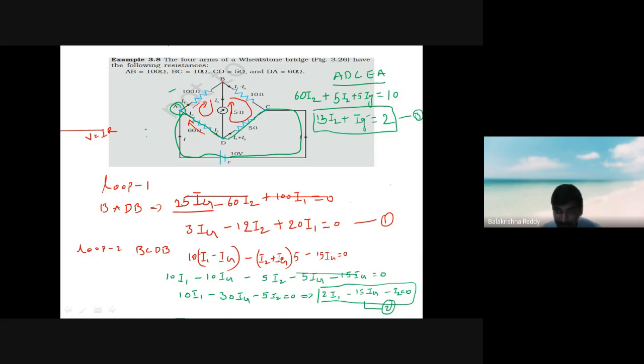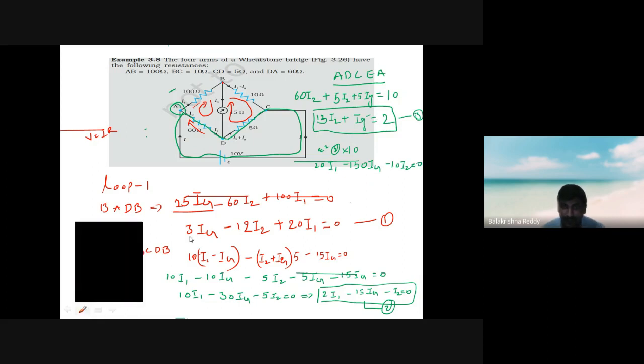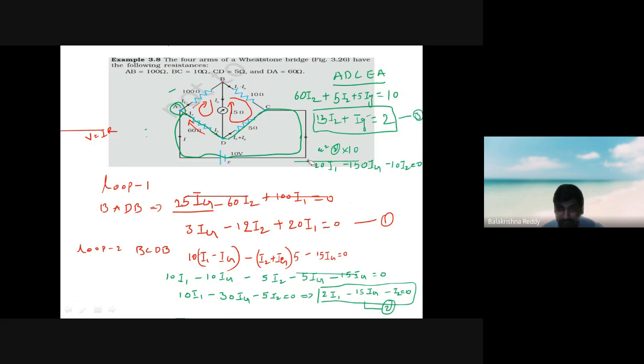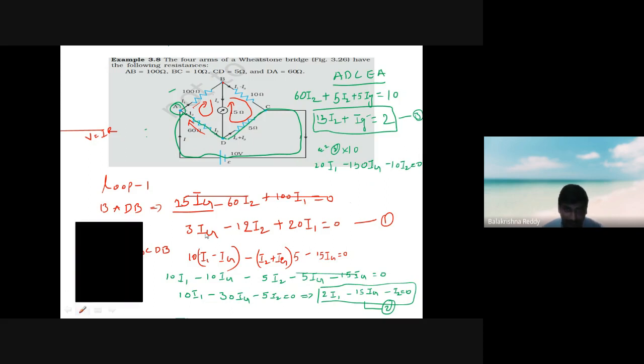If you multiply with 10, how much will it become? Into 10, it is 20 I1 minus 150 Ig minus 10 I2 equal to 0. Whenever I multiply this equation, I can use it conveniently to find the unknown quantities in the circuit.